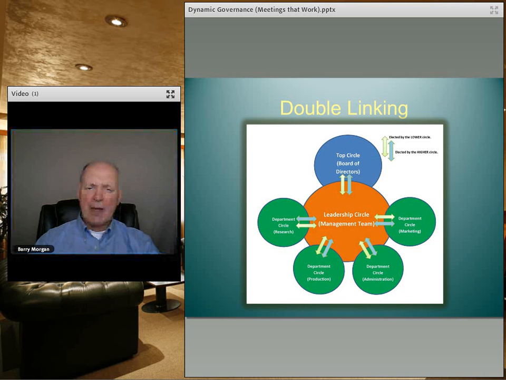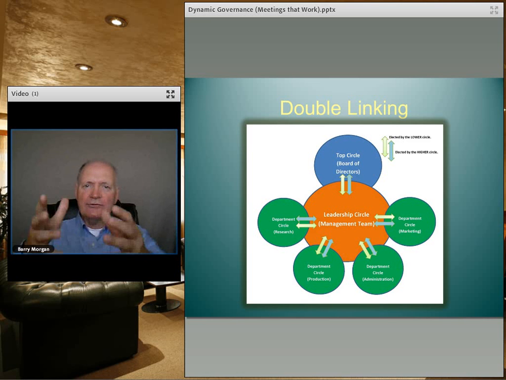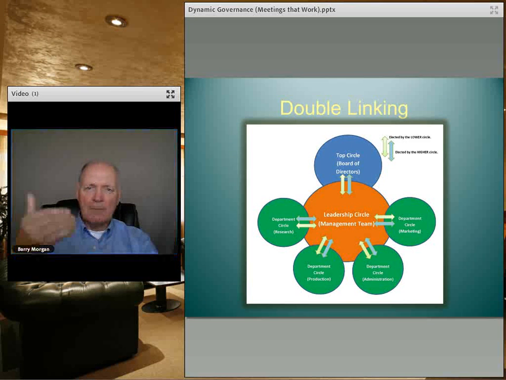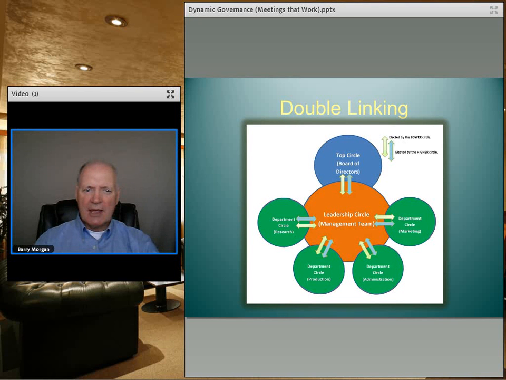So in this method, you have a dual linking. The CEO or general manager, who's appointed by the board of directors, carries their concerns and issues down to the leadership team, and the leadership team elects an individual who then takes the concerns and issues of the leadership team up to the board of directors, and thereby there's a two-way communication, which is often missing in the traditional organization.